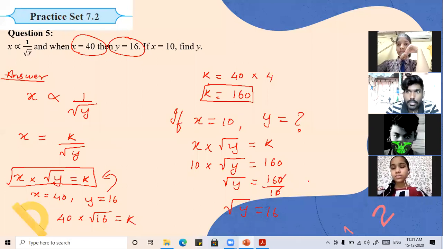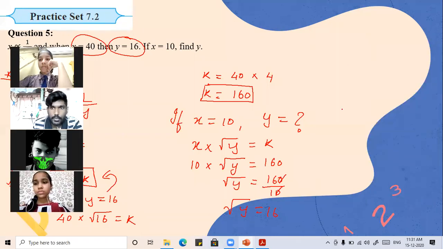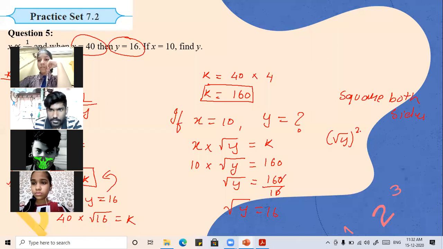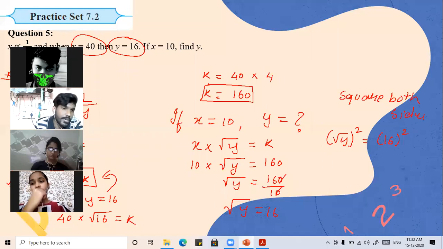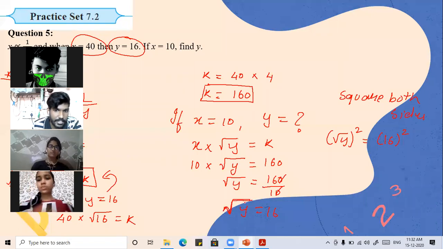Now note one thing here, root of y is 16. So what you do is you square both the sides. So when you square both sides, this will become root of y square equal to 16 square. The reason why we are taking square on both the sides is because I want to remove this root sign from y.